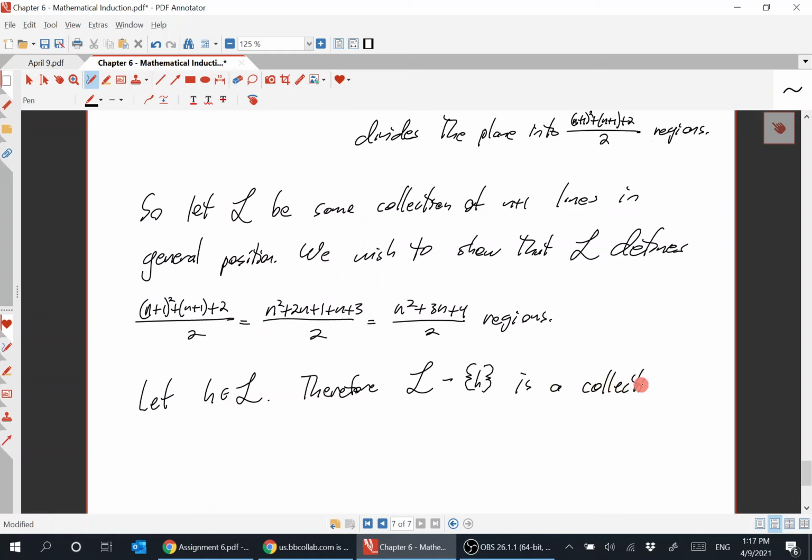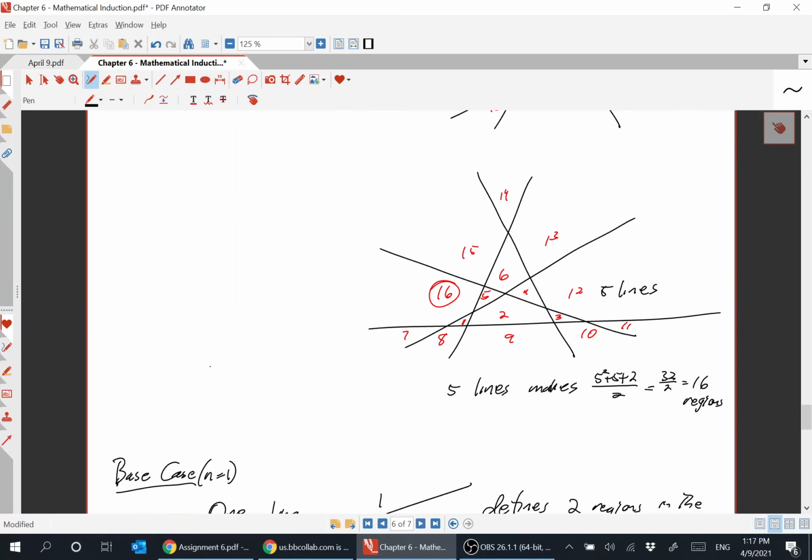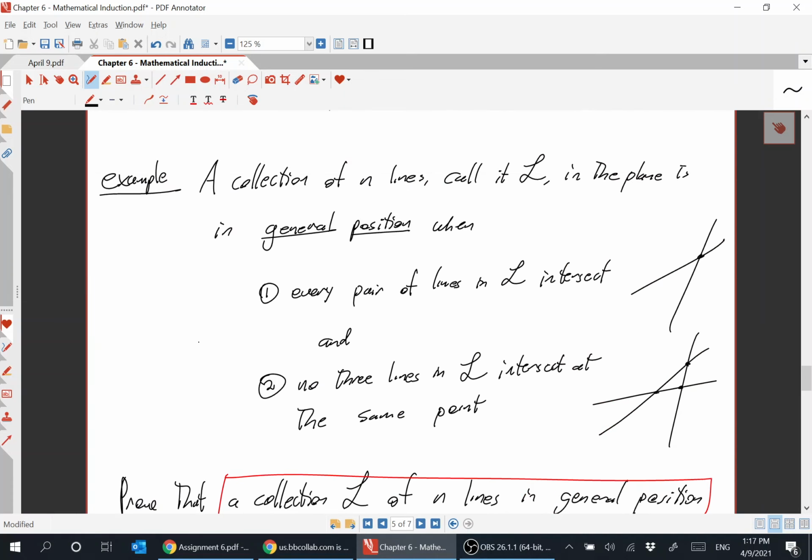There's a collection of n lines, which, are they still in general position, or did somehow things get messed up? No, they're still in general position. What's general position? Every pair of lines intersect. So if I take away a line, I still have every pair intersects. And no 3 lines intersect at the same point. So if I take a line away, it still satisfies that property.